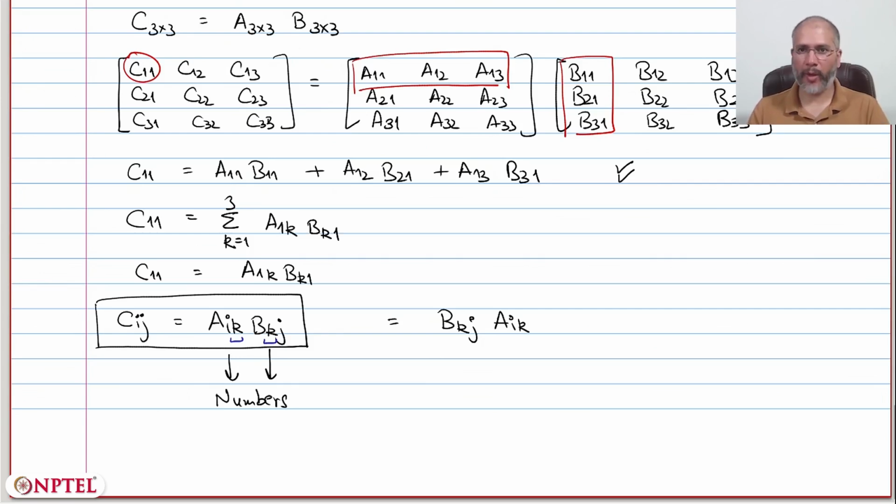So the ordering of A and B does not matter in this notation. However, the ordering of the indices in A and B is important. You cannot write Aik as Aki, that will be incorrect. But you can move around A and B, and that will not change anything because Aik and Bkj are simply numbers when you expand this expression.